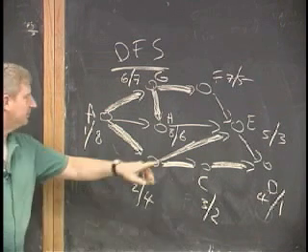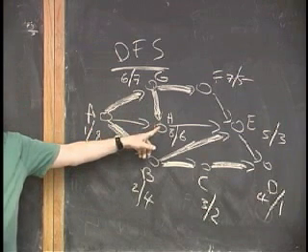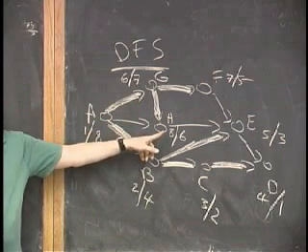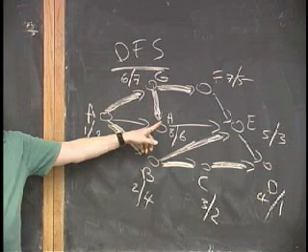Let's see if I can, here. See this edge? That's a forward edge. Because it connects to something that's already in the tree, which is forward on the tree.